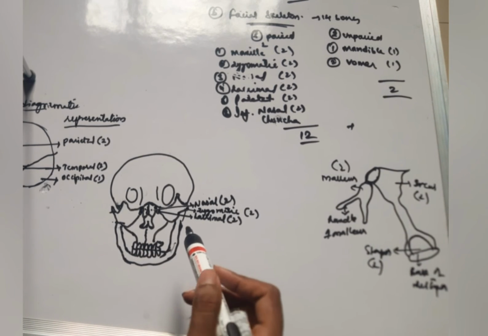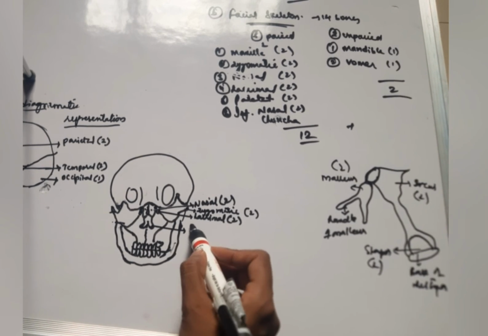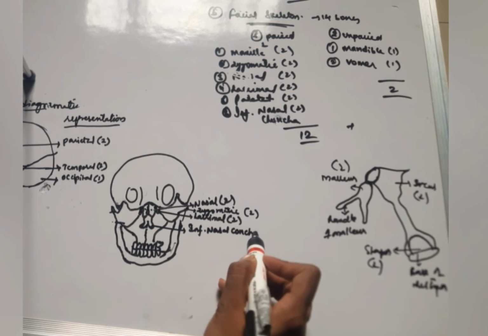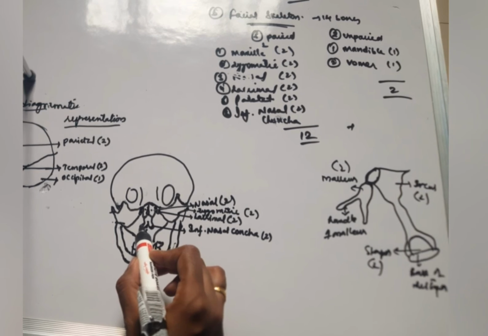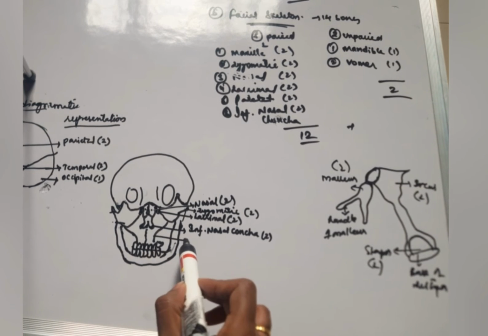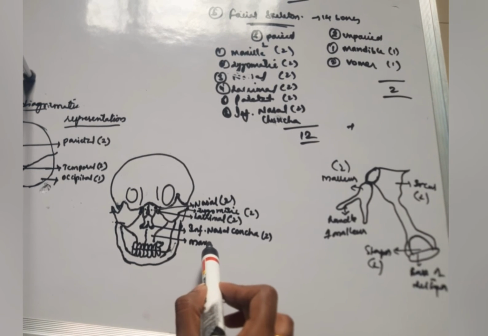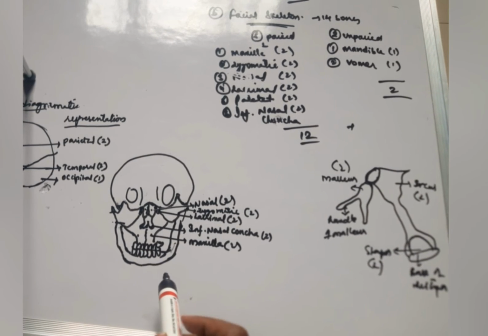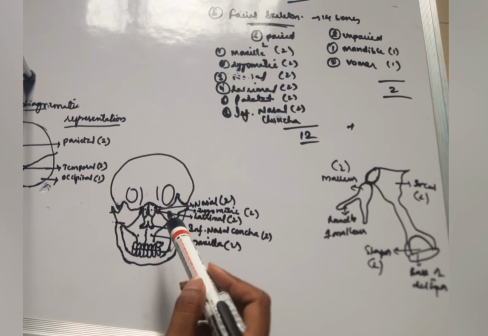Okay. And these are the inferior nasal concha. They are also 2 in number, 1 and 2. This is maxilla. This is also paired, 1, 2, both the sides. Okay. And the palate from the inner side.